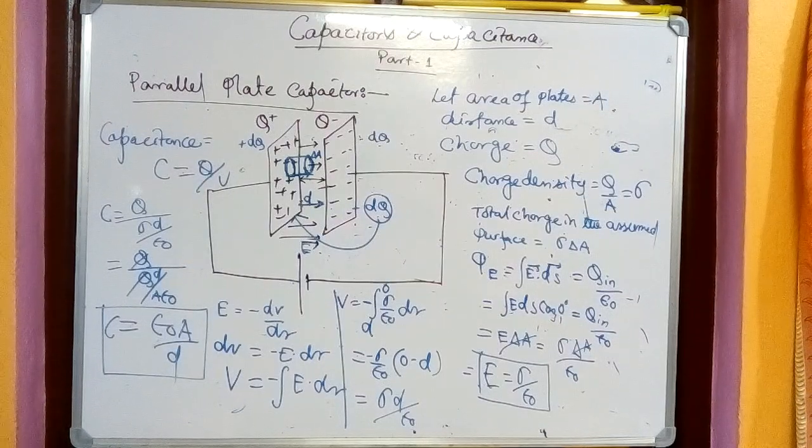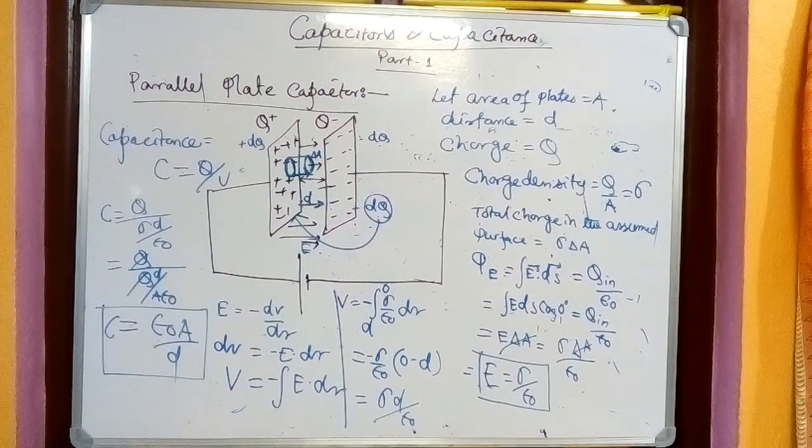I think it is clear enough. This is the way to find the capacitance of any substance. First you find the potential, then take a ratio from the charge and you will get the total capacitance of the substance. As I have already told, it depends on the dimension.